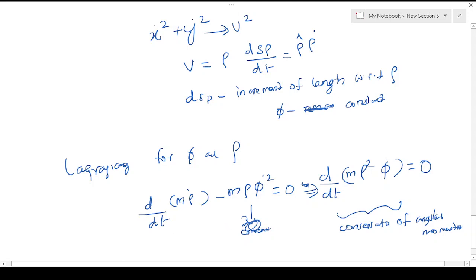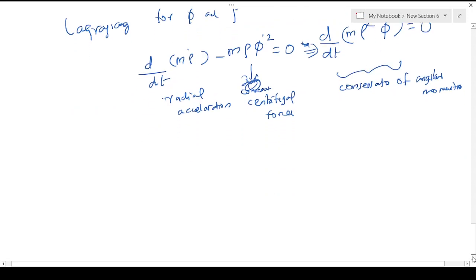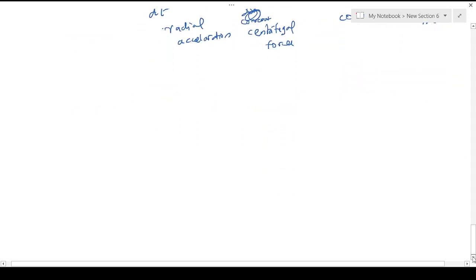This is the radial acceleration term, and this is the centrifugal force. Okay, so that's how we get the representation of circular coordinates when you consider cylindrical coordinates for a moving particle case. So it is again a representation of aspects of Newton's law.